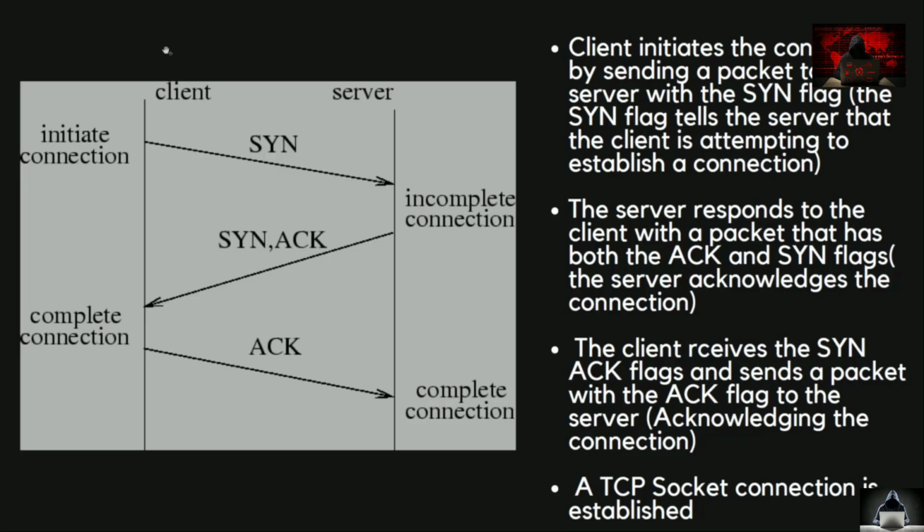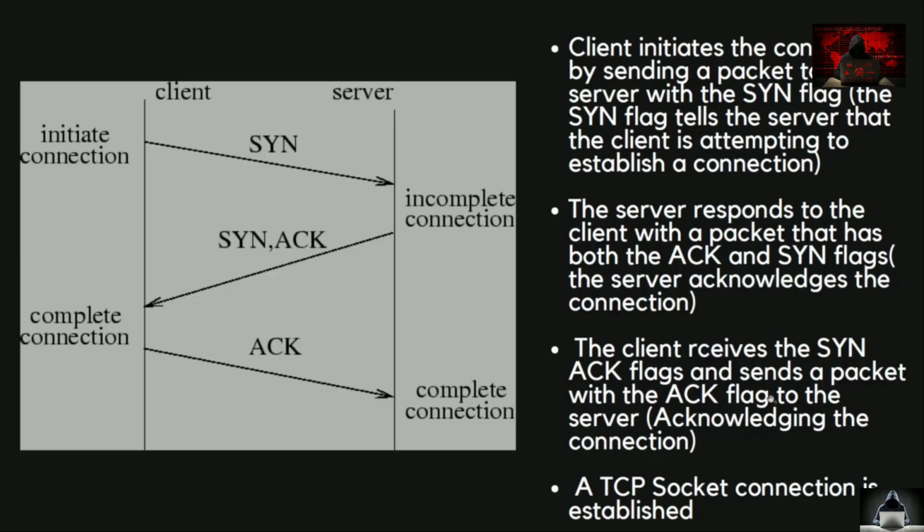The client then receives the SYN and ACK flags and sends a packet back to the server with the acknowledge flag, essentially acknowledging the connection. Once that is complete, a TCP socket connection is established.